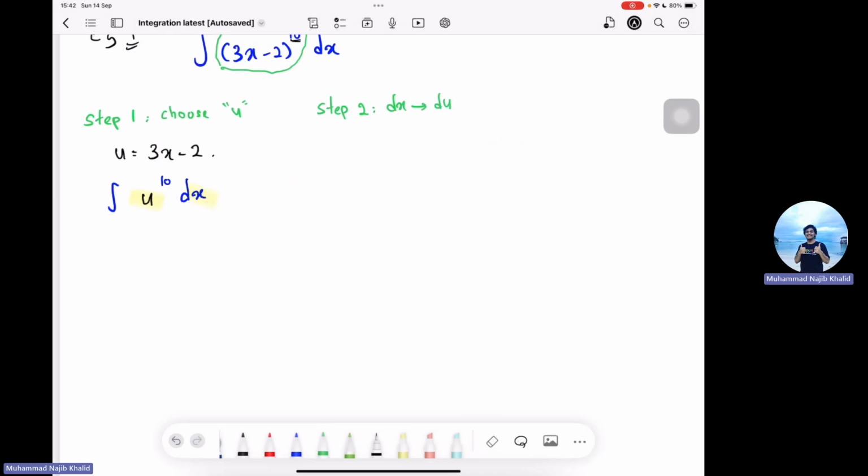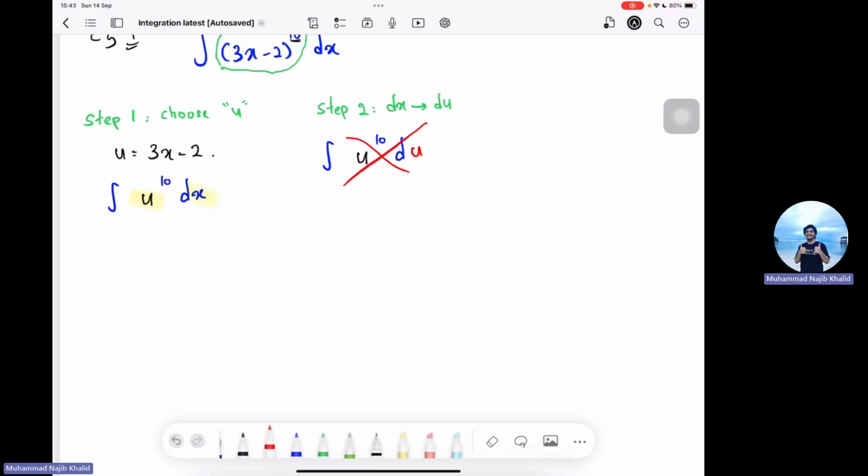Alright, so I take back this integration. You cannot simply erase the x and just rewrite u. This is the wrong replacement.